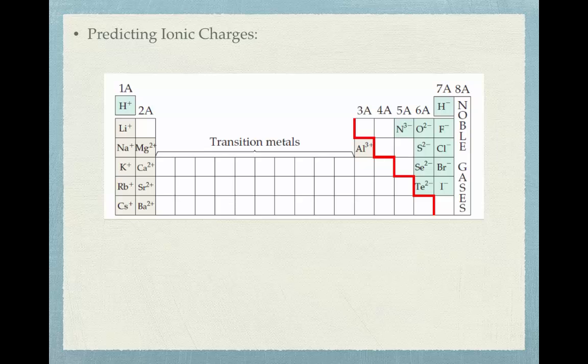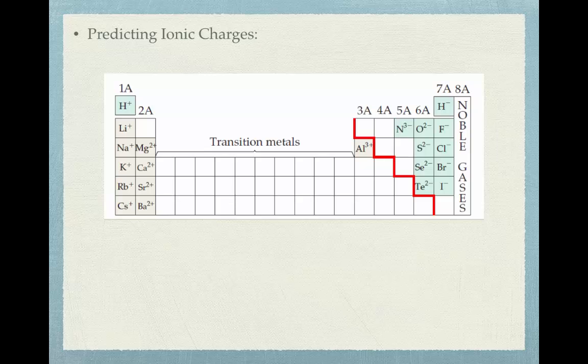This should be review from chemistry. If you look at the periodic table, it provides us with the opportunity to predict what the charge of ions are going to be. What I would like you to do right now is go back to the first page of your notes and write this in on the periodic table. In this first group, the 1A group, all of those atoms will assume a +1 charge when they become ions.